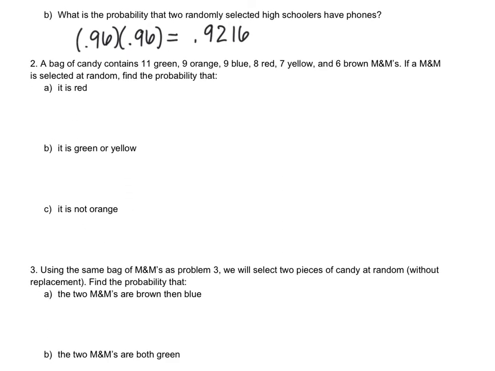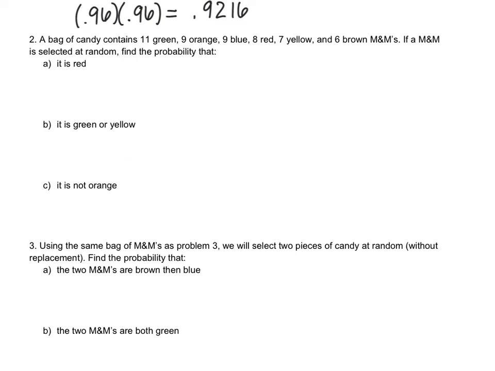Okay. Next, we have a bag of candy that contains 11 green, 9 orange, 9 blue, 8 red, 7 yellow, and 6 brown M&Ms. If an M&M is selected at random, find the probability that it is red. So the first thing I need to do is figure out N, how many pieces of candy we're talking about here. So I do 11 plus 9 plus 9 plus 8 plus 7 plus 6, and we get 50.